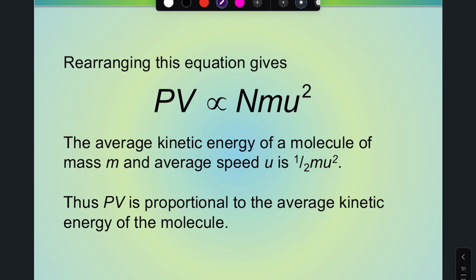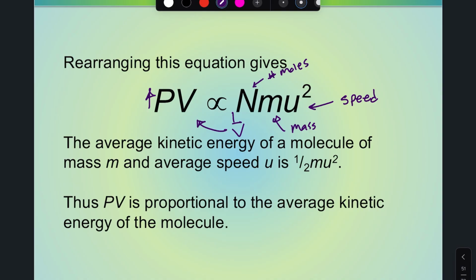And so we can say that the number of moles, it doesn't matter if it's molecules or atoms or what, times the mass, times the speed squared is going to be proportional to the pressure and the volume, because volume was 1 over v over here, which means we have to multiply by v on this side to get it over there.